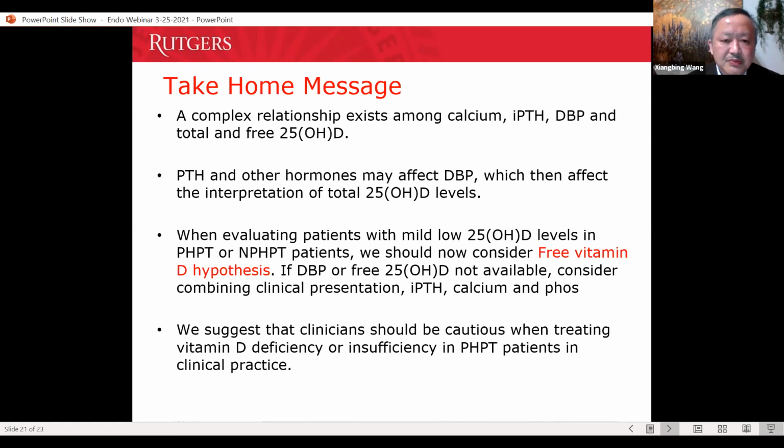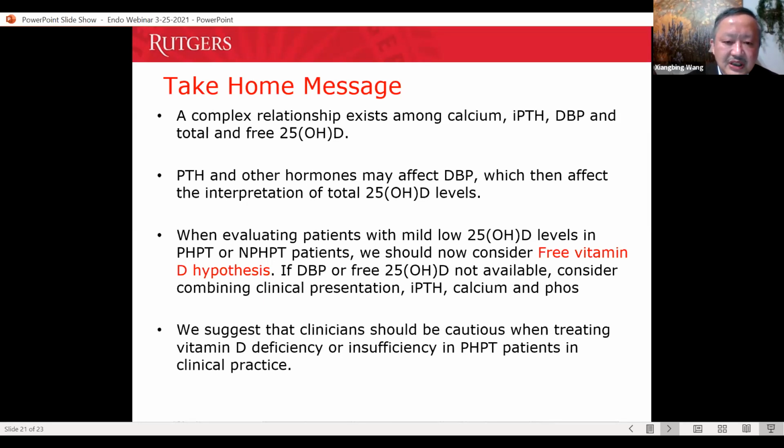PTH may inhibit it, but estrogen and growth hormone may upregulate the D binding protein. Steroids and other things we still don't know. The insulin effect we don't know yet. So when you evaluate or treat a patient with a mildly low 25 vitamin D level, you should consider at least the concept of the free vitamin D hypothesis.